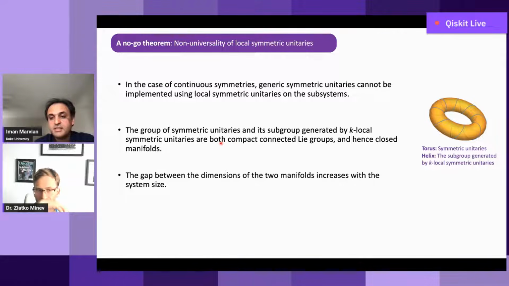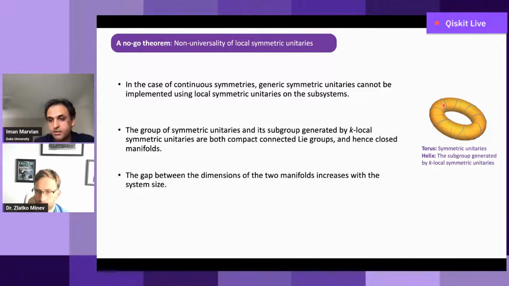And this essentially means that the relation between these two groups can be schematically represented by this figure. You have a torus, which corresponds to the group of all symmetric unitaries, and you have this helix, the blue curve that's going around, which corresponds to the subgroup generated by k-local symmetric unitaries.